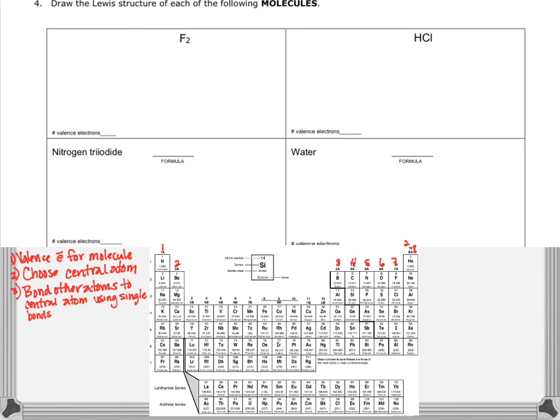Okay. Fourth step, I will fulfill the octet rule for the outer atoms first. A single bond is represented by a dash before I move on to the next step. Fourth step, fulfill octet rule for outer atoms.